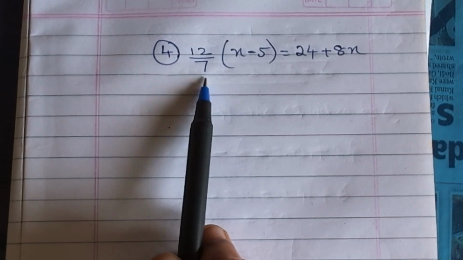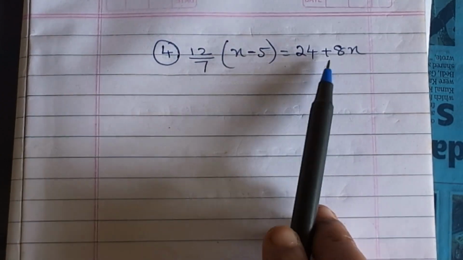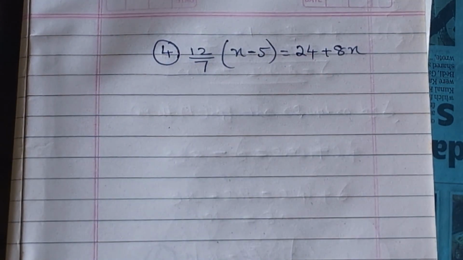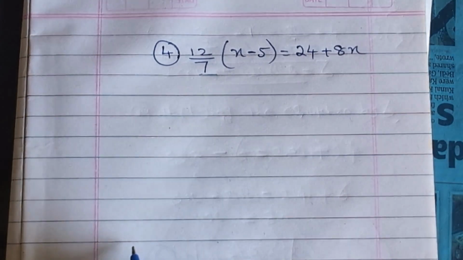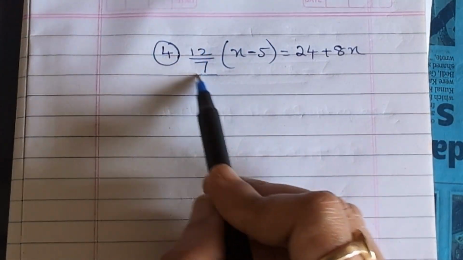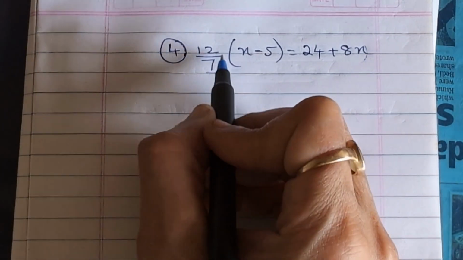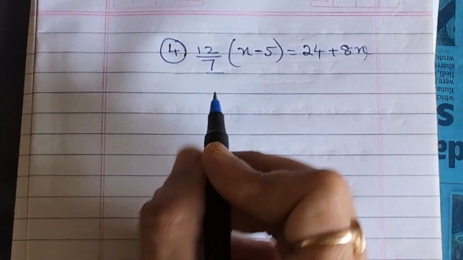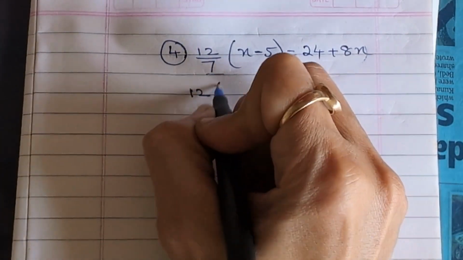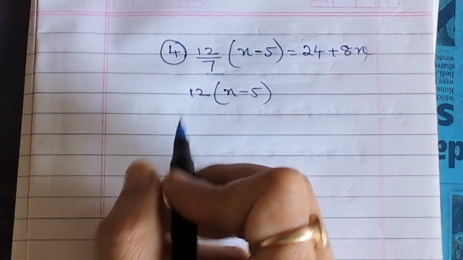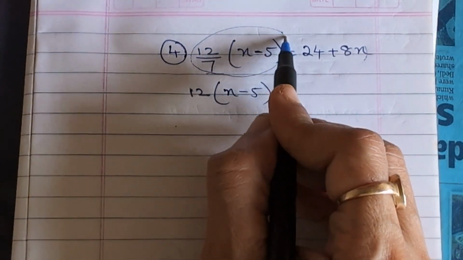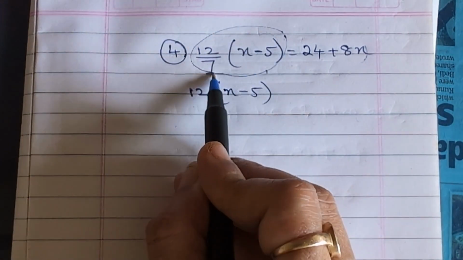Next question. 12 upon 7 into x minus 5 equal to 24 plus 8x. Now we have 7 in the denominator. So what we will do, multiply both sides by 7. So this side, if we multiply by 7, the 7 will get cancelled. So we simply have 12 into x minus 5. This is the entire term, so we are multiplying this entire term by 7.